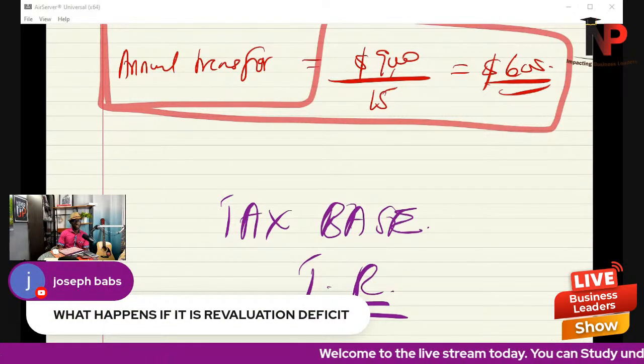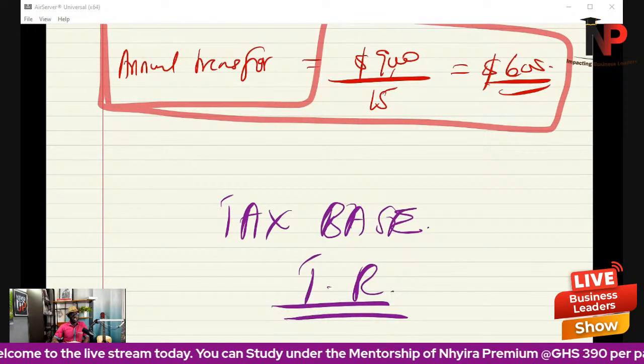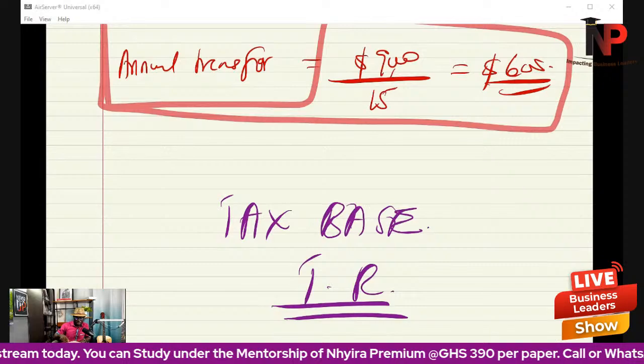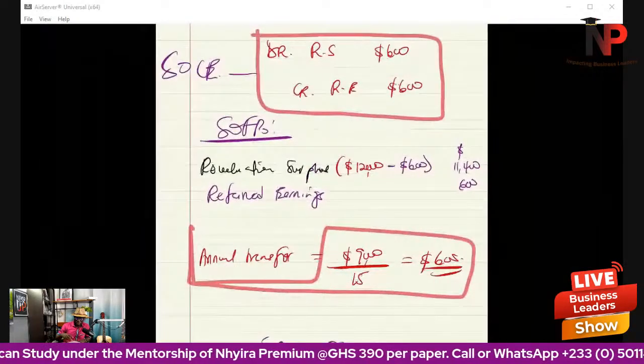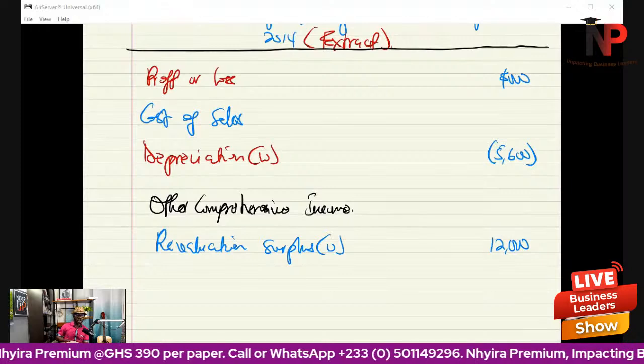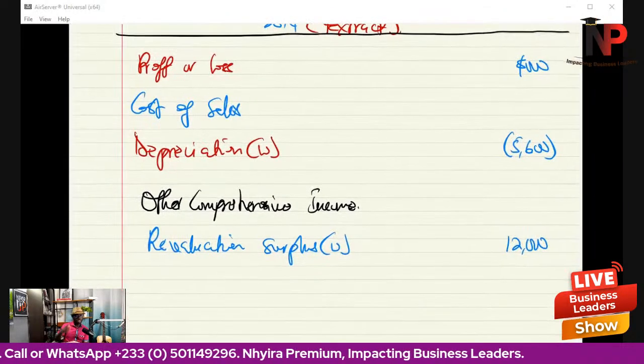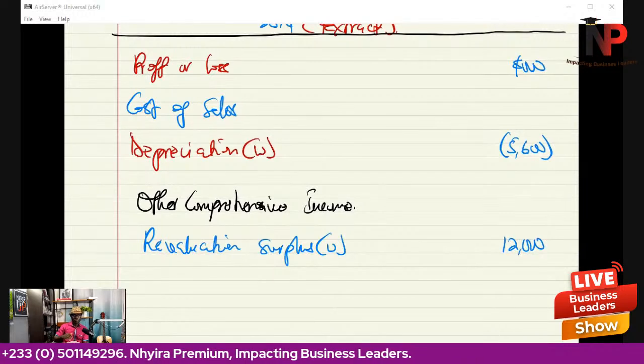What happens if it is a revaluation deficit? If it is a revaluation loss, and this is the first time we are revaluing the asset, it will be recognized in the P&L account.